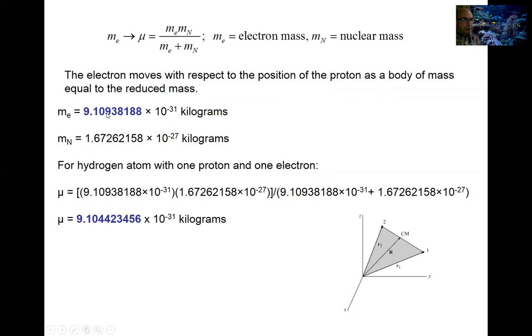As you can see, the difference is in the third and fourth decimal figures. So we have here 9, and here is, say, 104. So this is not a huge difference, but it makes some measurable difference in spectroscopic and other properties of hydrogen, which have been actually measured over the years very accurately. And so you can see that we have quite accurate definitions of masses, both the electron mass, but also the effective mass of the electron in hydrogen.